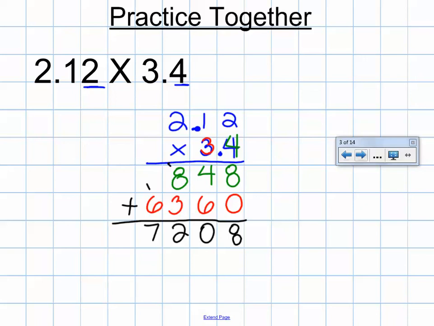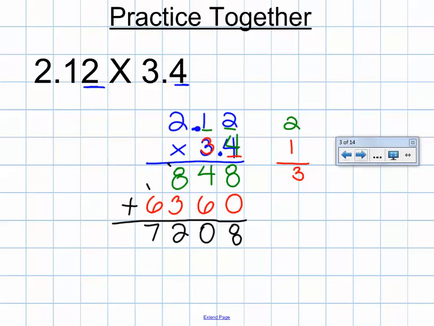My last thing to do is the most complicated. It's how to figure out where the decimal point would go. When I look at my first number, I have 2 numbers behind the decimal place. In my second number, I have just 1 number behind my decimal place. So total, I have 3 numbers behind the decimal place. So in my answer, I need to have 3 numbers behind my decimal.